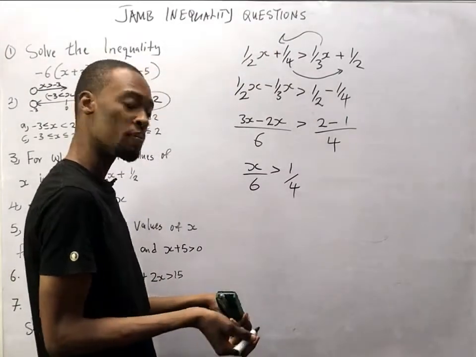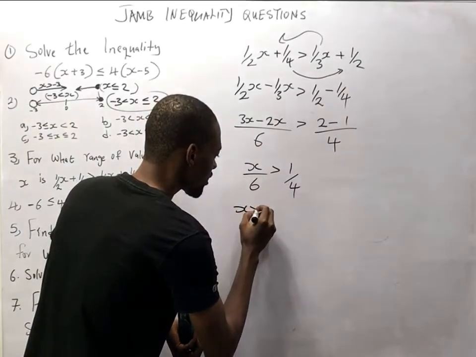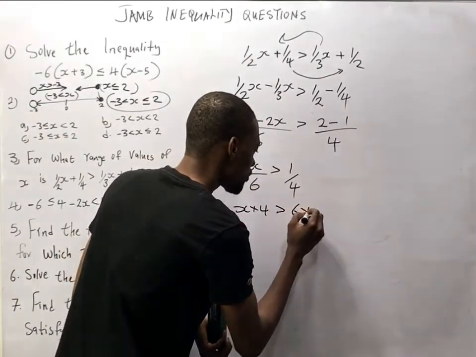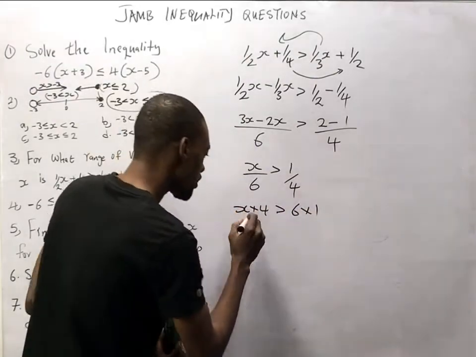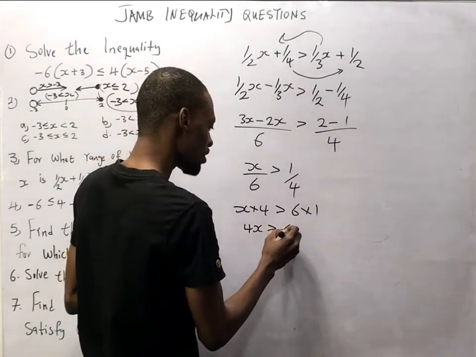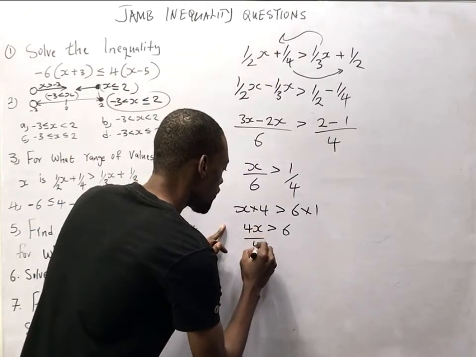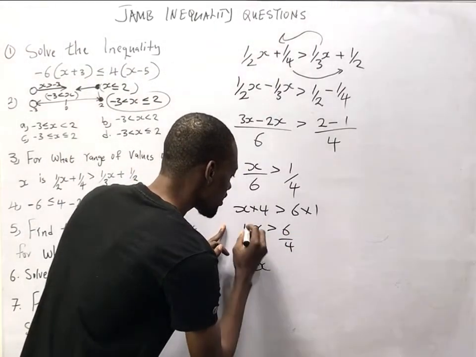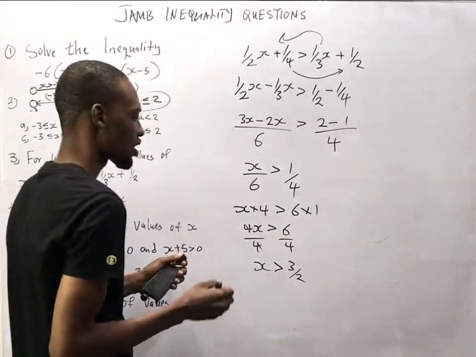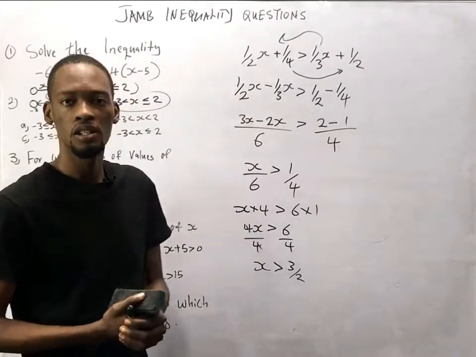If you are choosing to cross multiply, you simply say s times 4 is greater than 6 times 1. s times 4 is 4s is greater than 6 times 1 is 6. Dividing both sides by 4, s becomes greater than 3 over 2. 6 divided by 4 is 3 over 2. So this is the solution to this inequality.